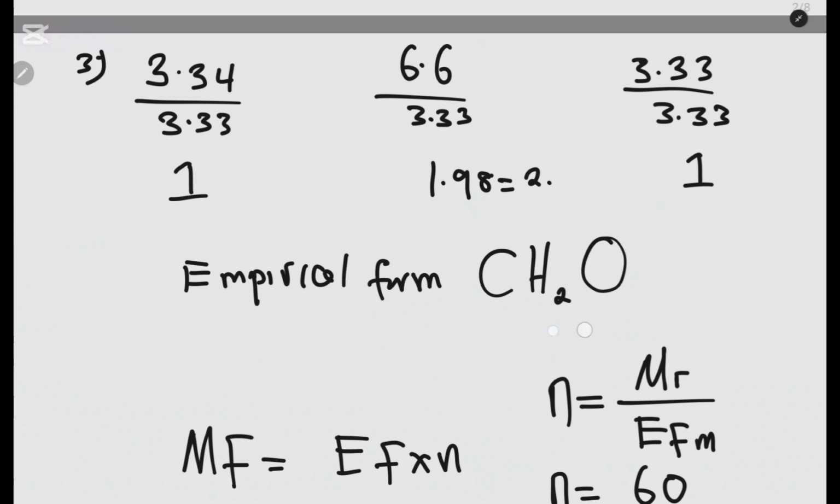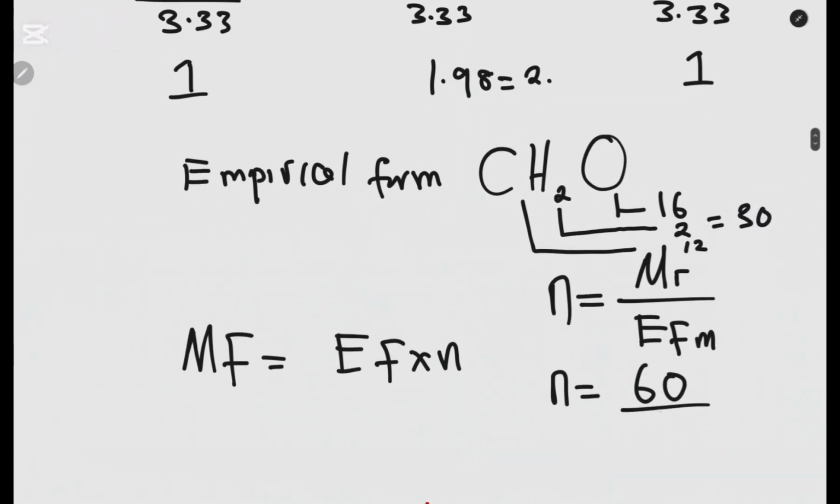So we find the empirical formula mass, please. This is 16. The 1 multiplied by 2 is just 2. Then carbon is 12. So we add 16 plus 2, which is 18, plus 12, which gives us 30. So the down part here is 30. Then if you divide this one, it's going to give us 2.